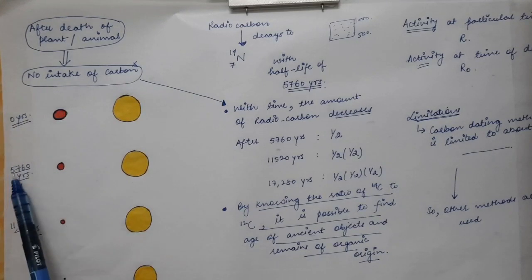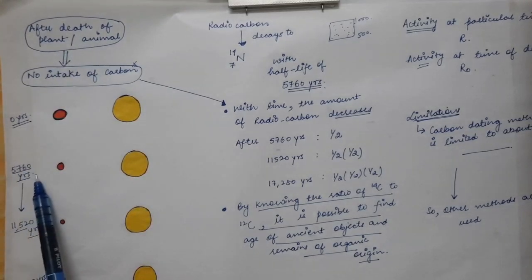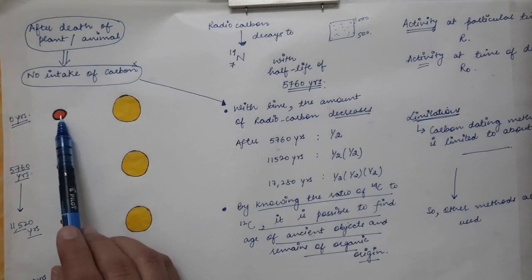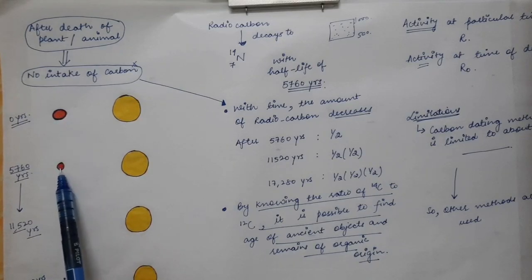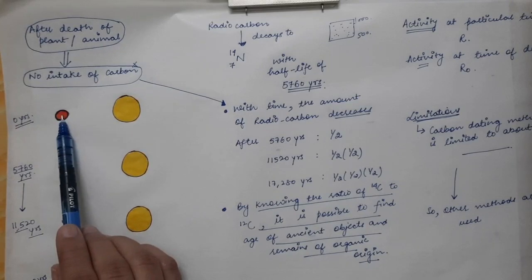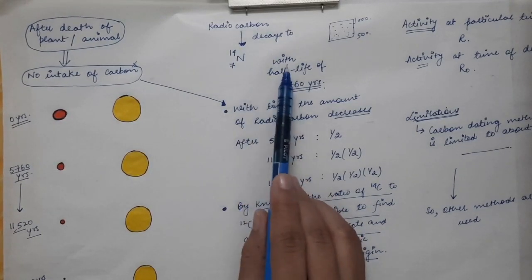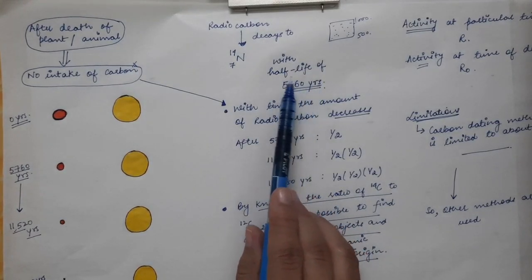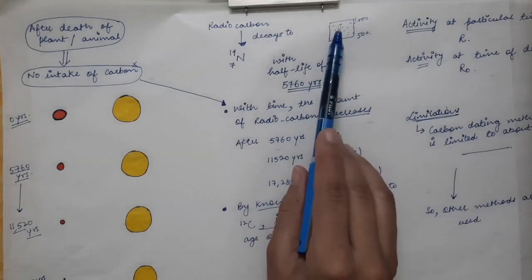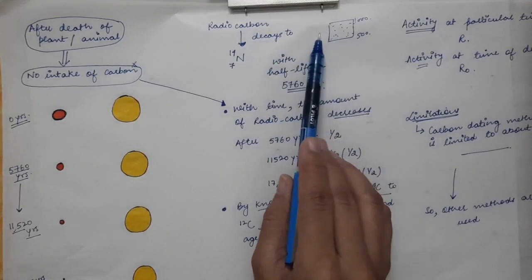But after 5760 years, if we look into the body of that particular plant or animal, we will see that the amount of radioactive carbon has reduced to half of its initial quantity, because radioactive carbon has a half-life of 5760 years, meaning after 5760 years its quantity will reduce to half of its initial value.